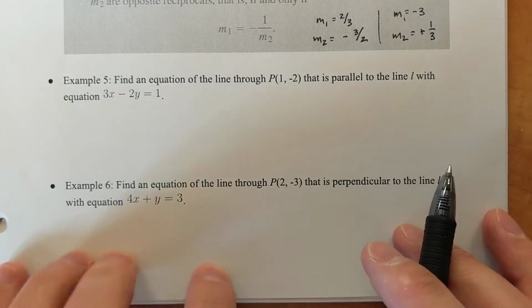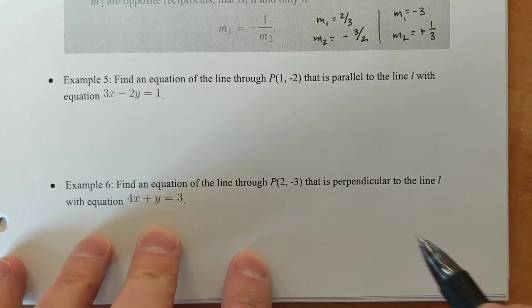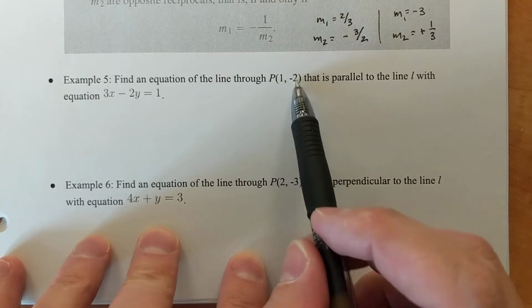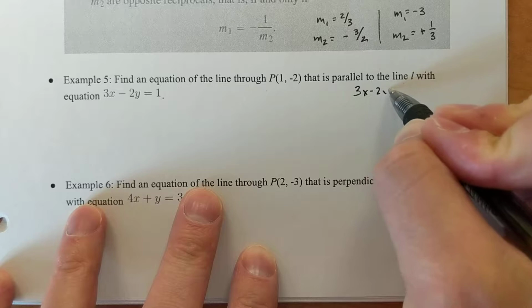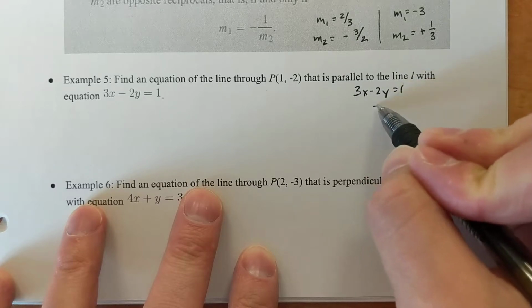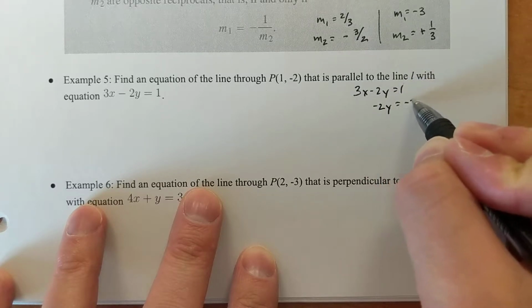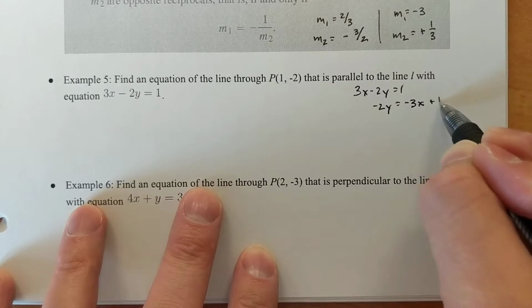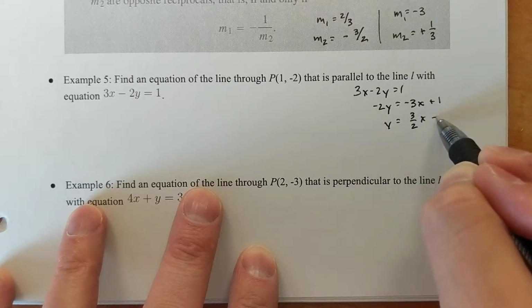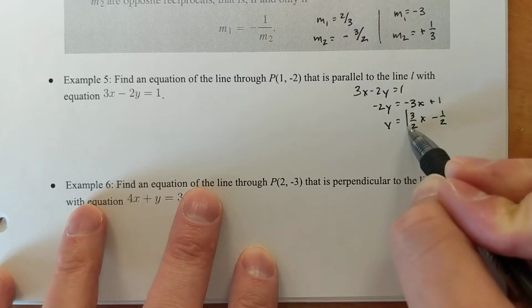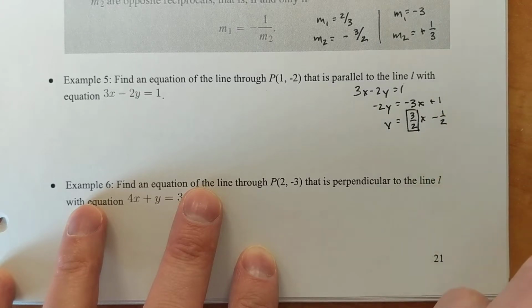All right, example 5. Find an equation of the line through that point that is parallel to that equation. So I need to figure out what the slope of this line is. The easiest way to do that is to put it in slope-intercept form. So I move the 3x across, and I'm going to divide everything by -2. It's going to look like that, because that number right there is the slope of my line.